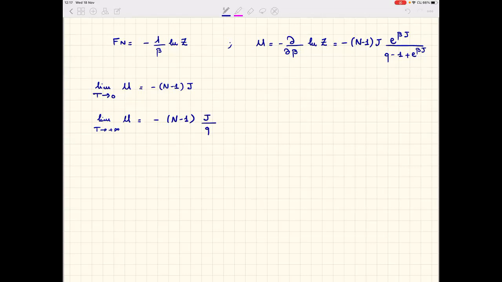Maybe. So yeah, it could be. I mean, that's always a correct answer, right? Actually, I'm thinking since you have Q degenerate ground states, you also have Q variations.